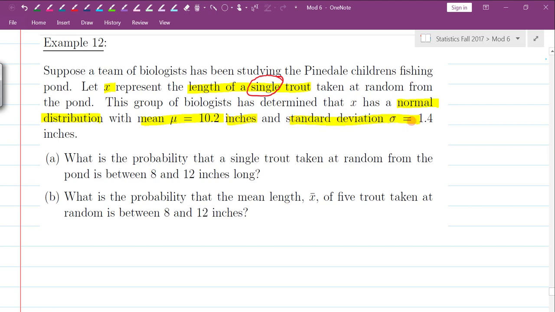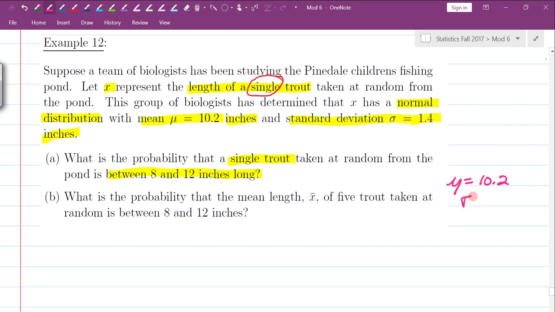What is the probability that a single trout taken at random from the pond is between 8 and 12 inches long? This is just like what we've been working on all day long. So mu is equal to 10.2 inches, and sigma is equal to 1.4 inches.